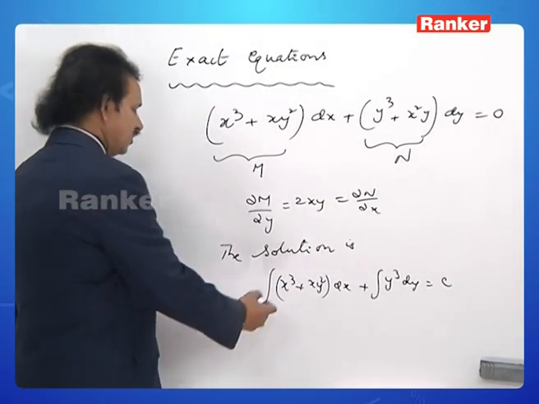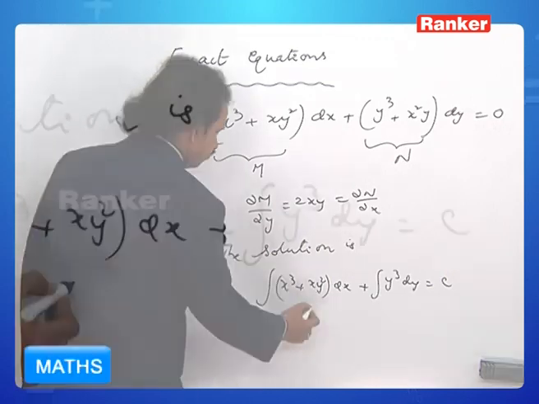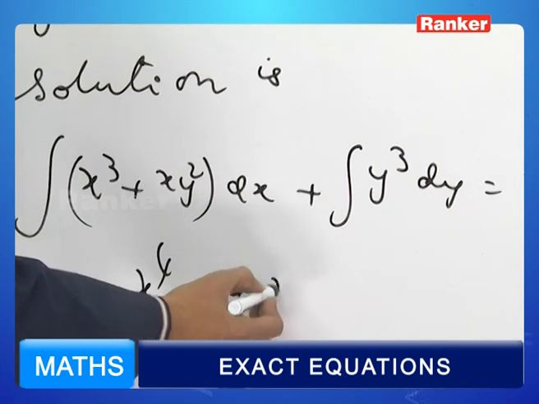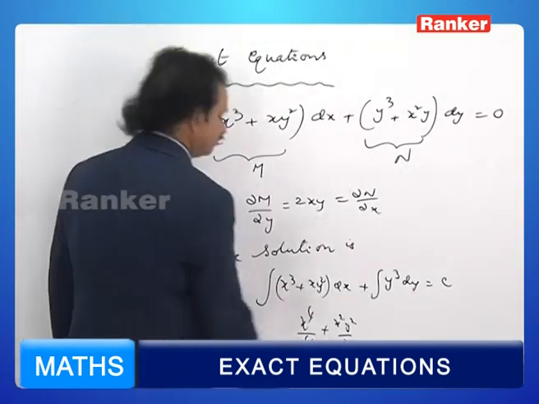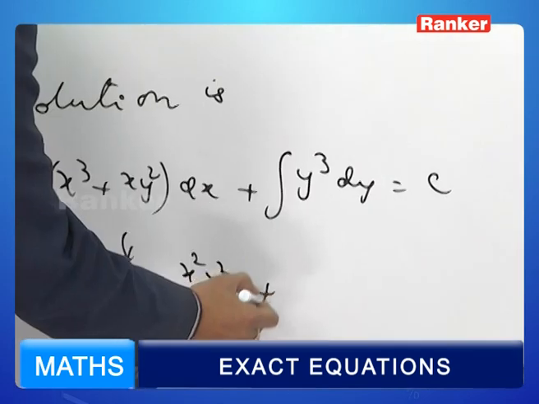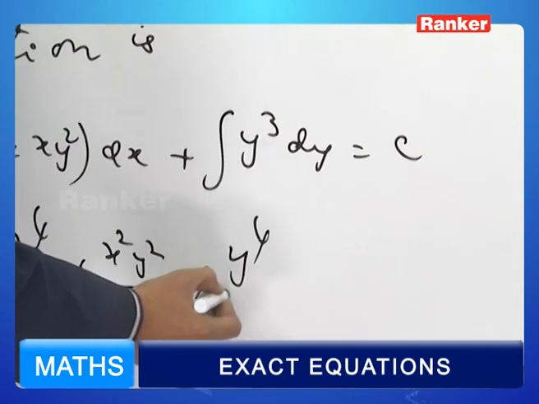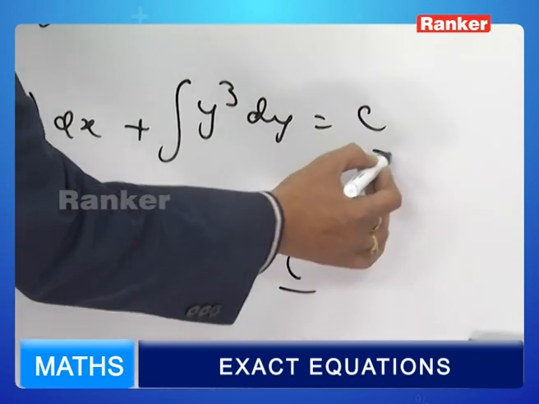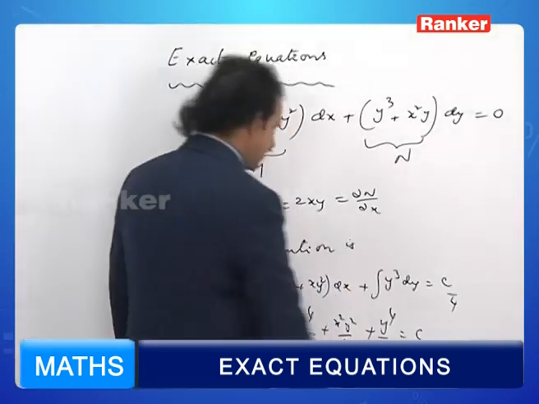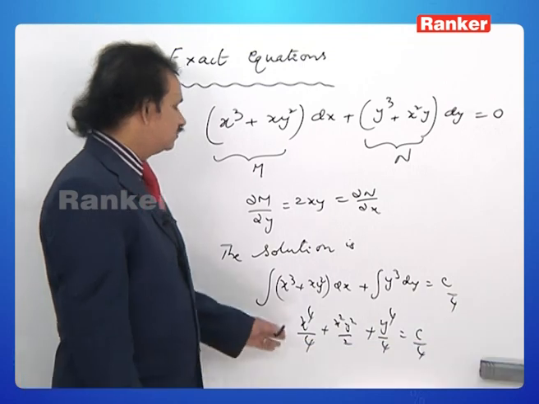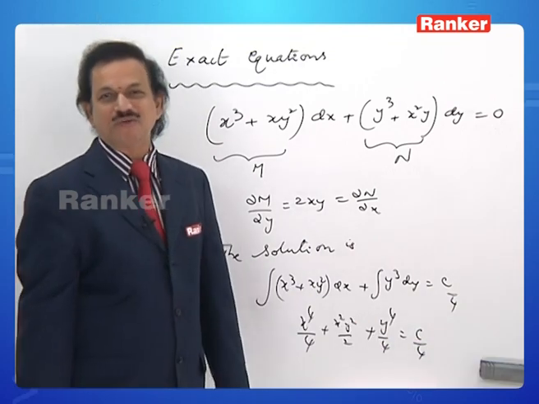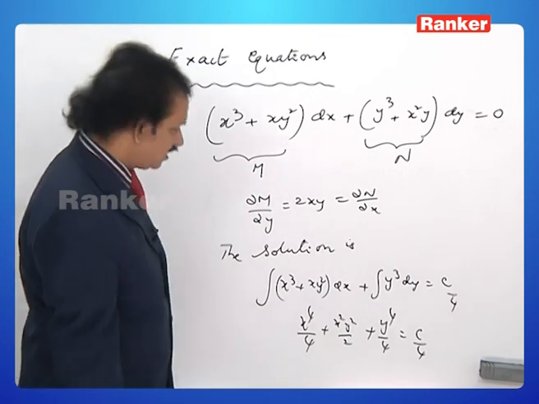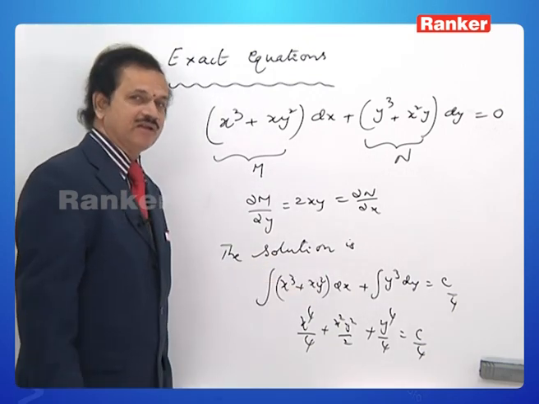Well friend, what is the integral of x cube? x power 4 by 4 plus x square y square by 2 plus y power 4 by 4 is equal to c by 4. I like to take that. Why should you take it like that? To cancel the denominator, or to adjust the constants. I have taken c by 4 instead of c.